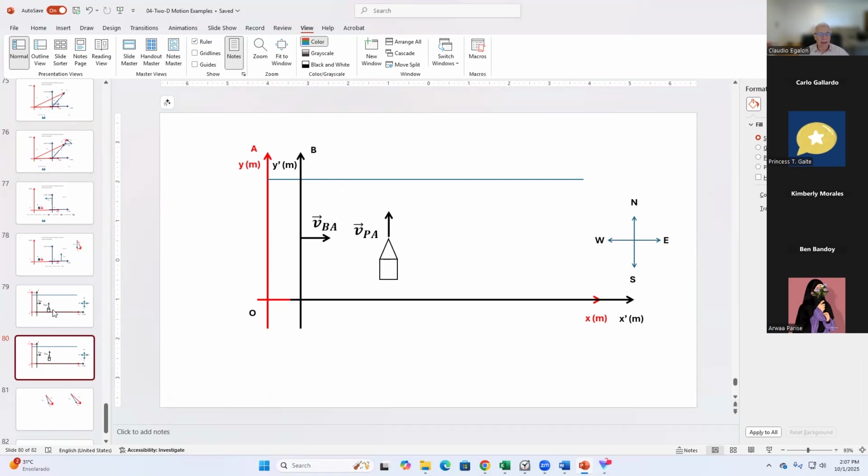And then the relative velocity of the boat is going to be pointed a little bit to the right.